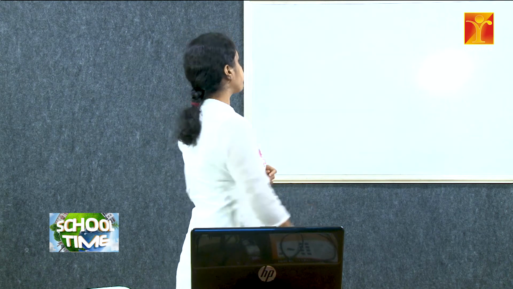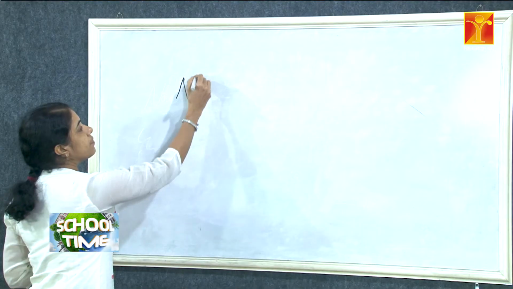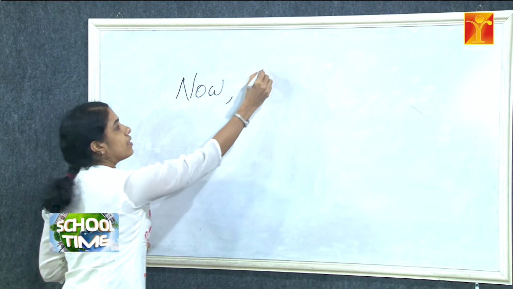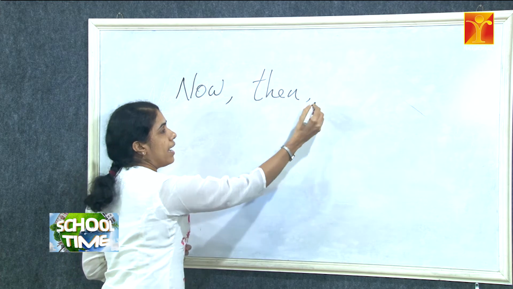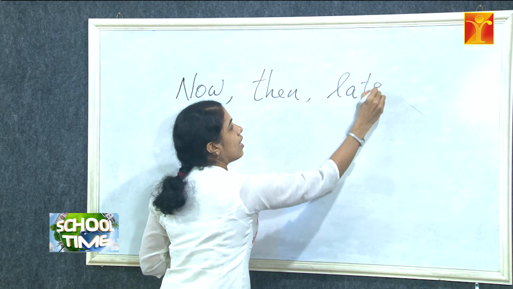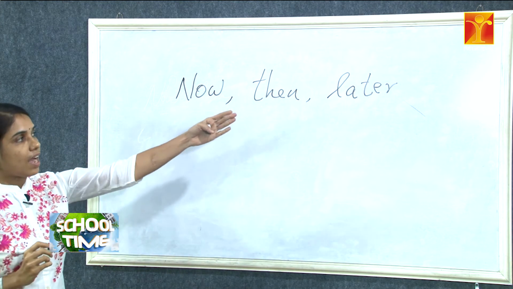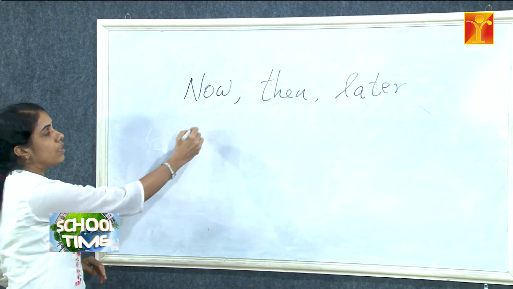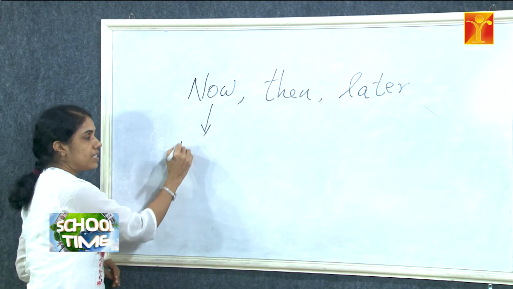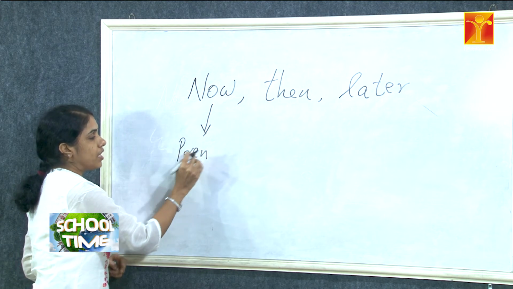A verb can situate in 3 times: now, then and later.